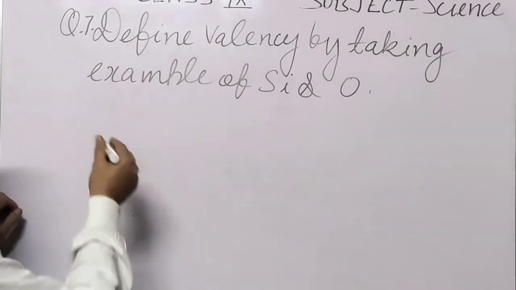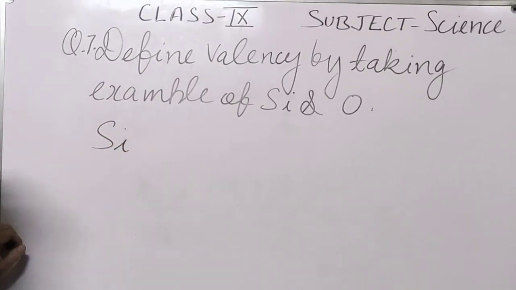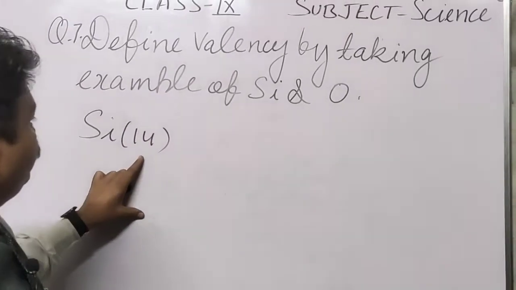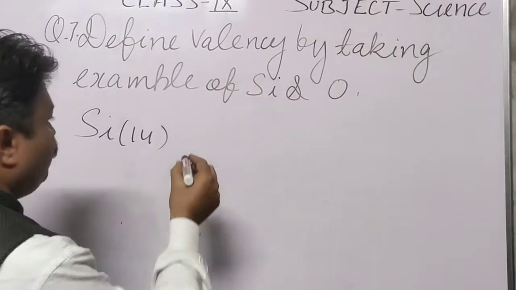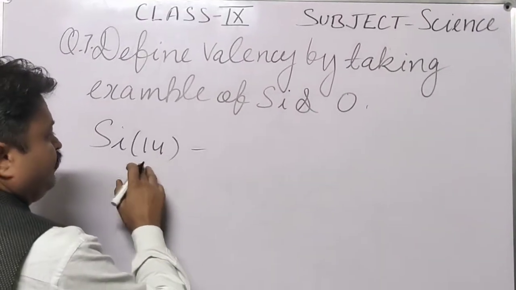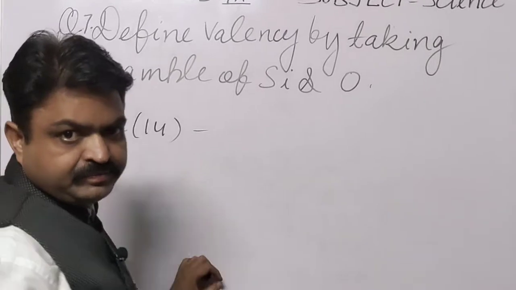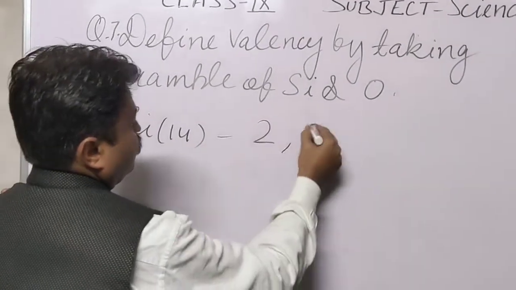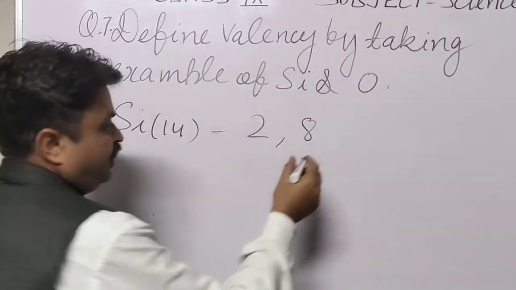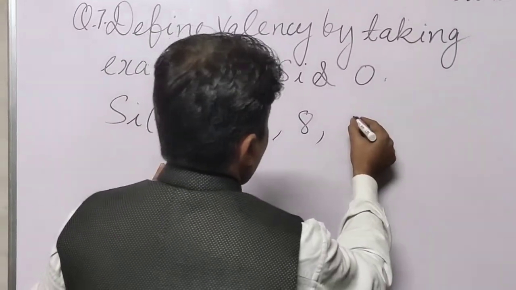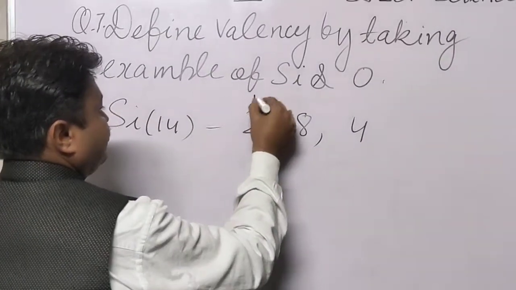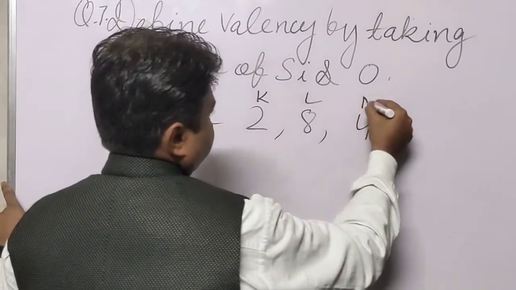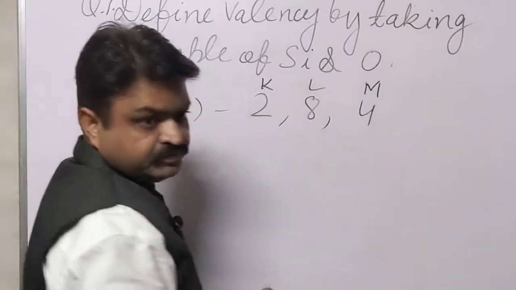Like silicon. What is the atomic number of silicon, student? It is 14. Now we will write the electronic configuration of this element: 2, 8 and 4. In the K shell there are 2 electrons, in the L shell 8, and in the M shell 4.